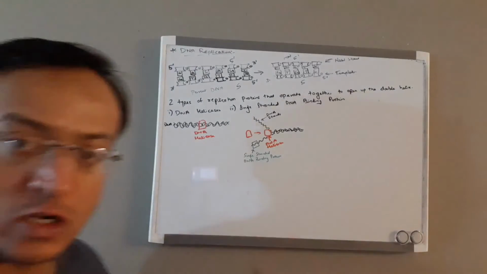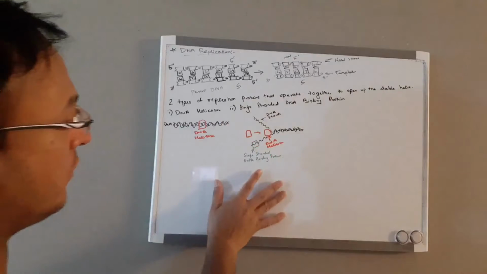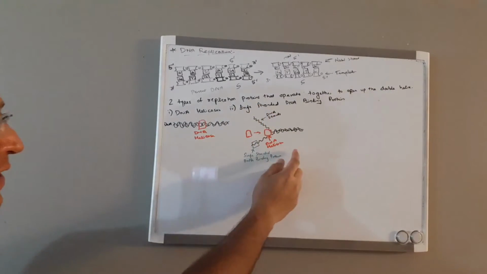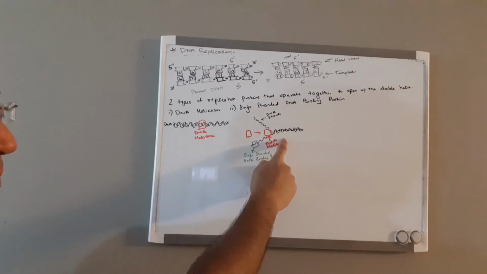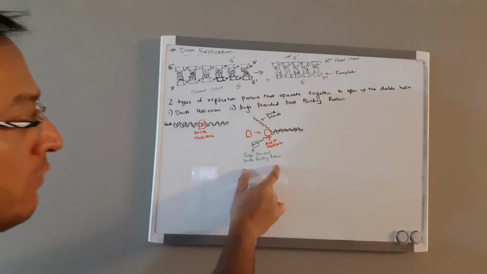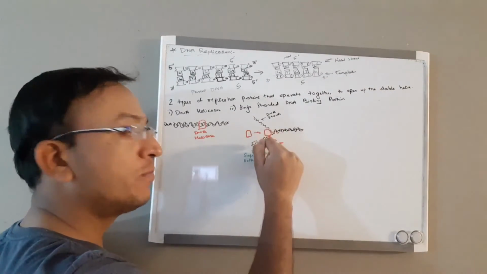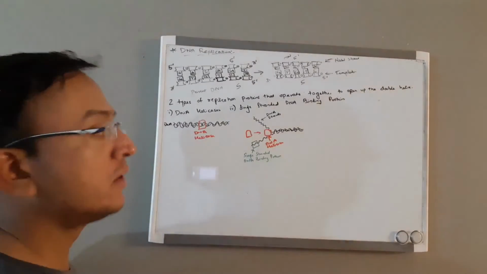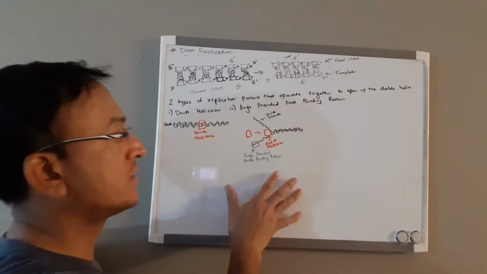That's its function. So we have our two replication machine proteins: DNA helicase, which moves along the replication fork to open the DNA, and the single stranded DNA binding protein, which stops the strands from base pairing together and forming the helix again.